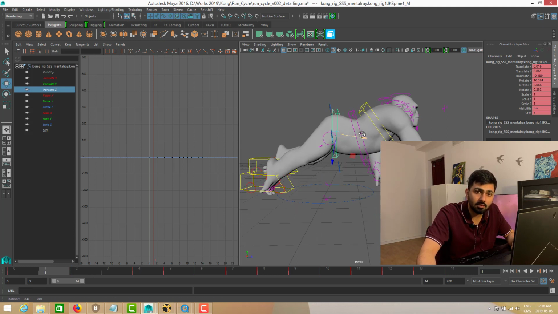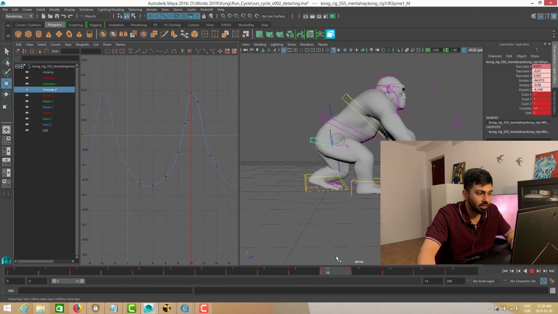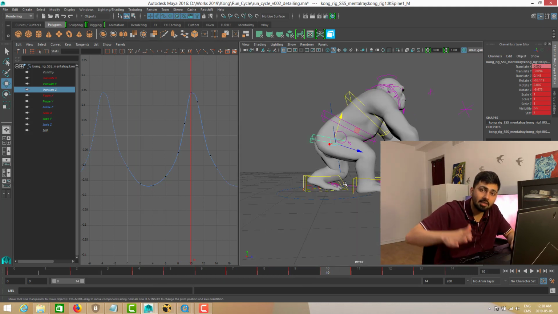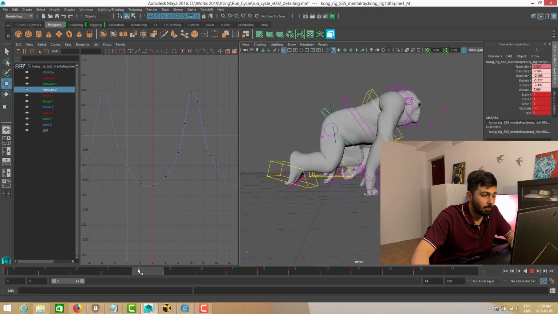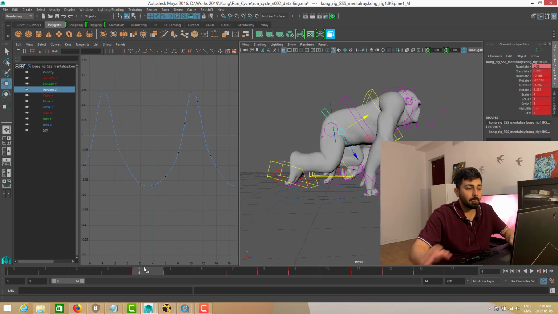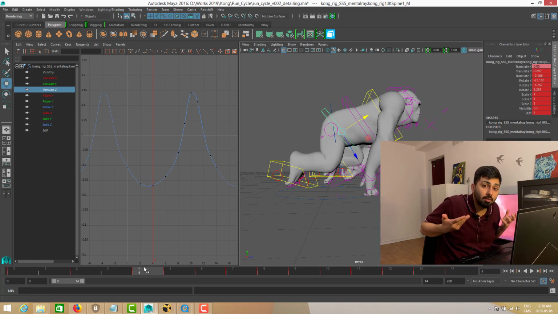So I will look at the translation Z. The lowest position of the gorilla is frame 10, because on frame 10 both of his legs are landed, so his body is as low as possible. His highest position is on frame 3 or 4, in which both of his legs are in the air and his body is also up. To keep his legs up, his body also needs to be up, right? So this is the up and down of the back body.